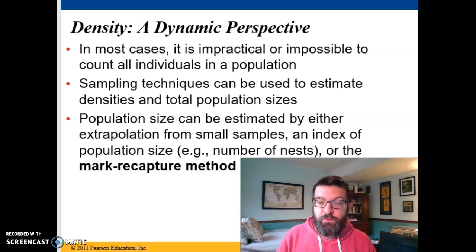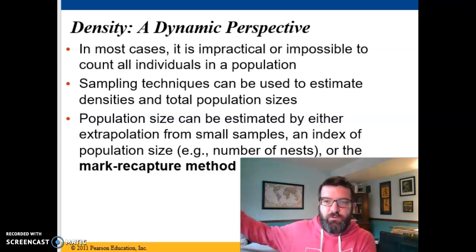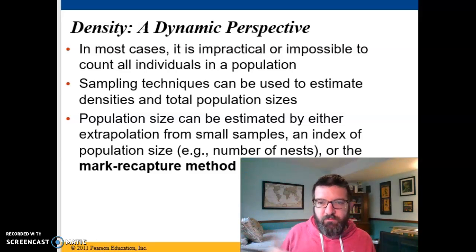So more often what you'll do is you'll take samples. You'll go to different random parts of the forest, if it's a forest-dwelling plant like an oak tree or something, and you'll say, all right, in this plot, how many oak trees do we have? Okay, now we do this 100 times. We look at 100 different plots and say, all right, how many oak trees are in each of these plots?